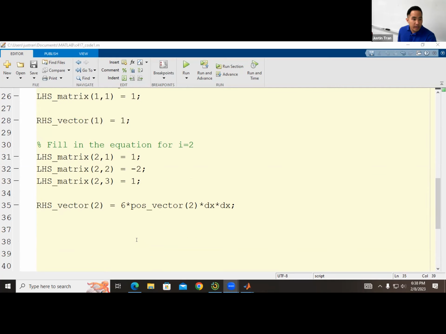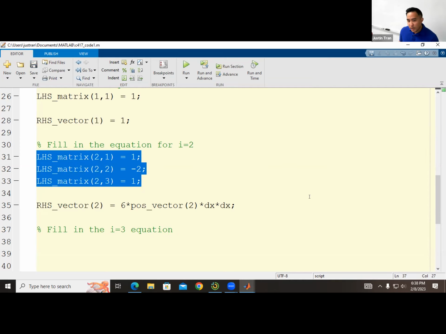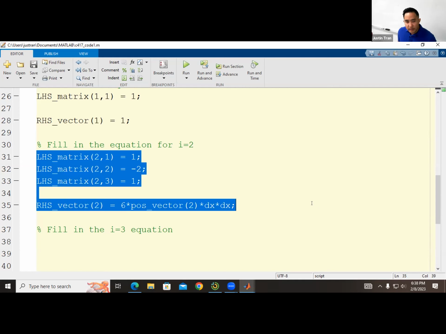Okay. And so let's write the code for i is equal to 3. The nice thing about all the interior nodes is that they have the same pattern.